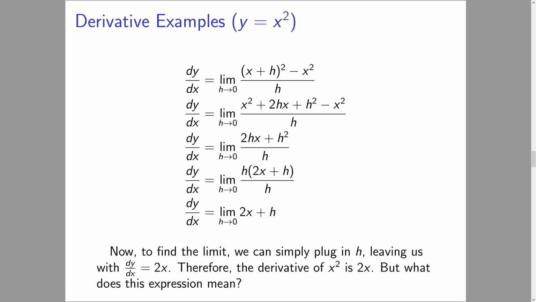From here we see that the x squareds cancel, and we are left with 2hx plus h squared over h as our limit as h approaches 0. As we can see, we can take out a single h from the numerator. We can now see that the h's cancel from the numerator and denominator, just leaving the limit as h approaches 0 being 2x plus h, which will leave us simply with the derivative dy/dx equaling 2x.